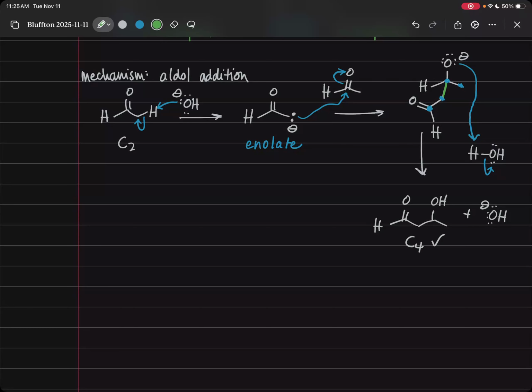So this molecule here is called a beta hydroxy aldehyde or ketone. In this case, it's an aldehyde. And this is the aldol addition product.